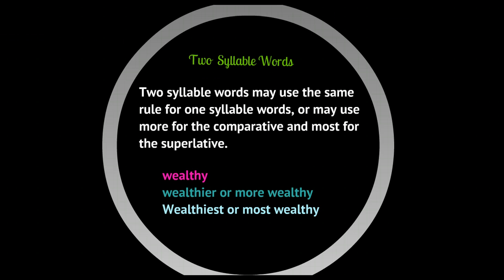If I'm looking at a bunch of rich people, I can say that one is the wealthiest of all the rich people, or one is the most wealthy of all the rich people. Okay, either way is correct for two syllables.